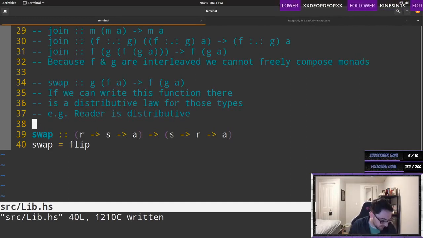Some monads even admit a distributive law with any other monad. The simplest example is given by maybe.